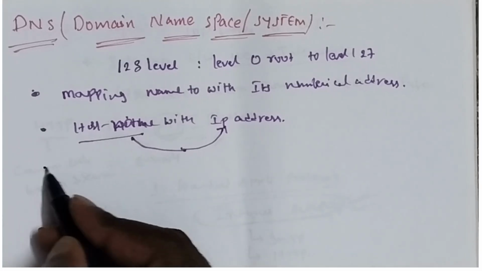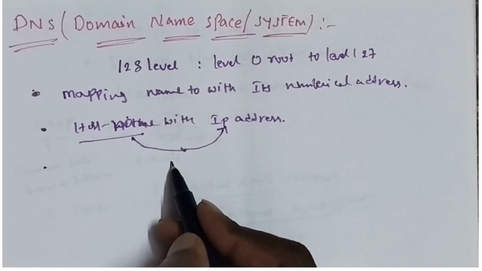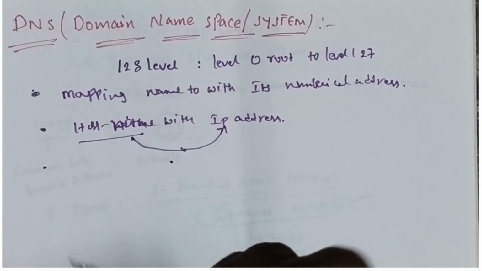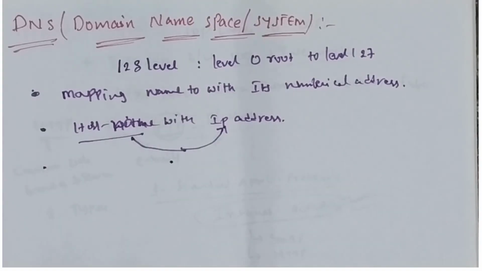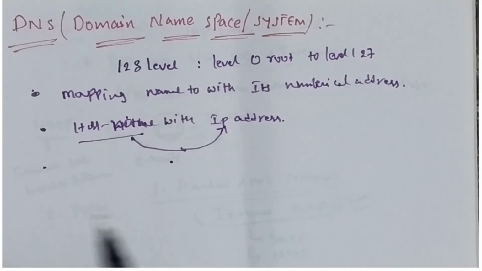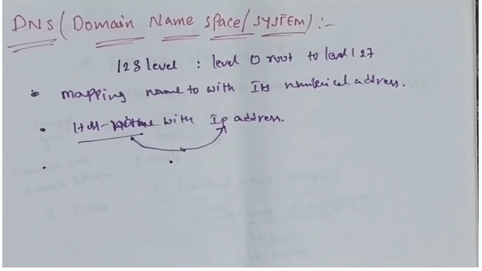Each node in a tree has a domain name, and the full domain name is a sequence of labels separated by dots. Each node in the structure contains a domain, and the complete name is defined from bottom to top, divided by the dot symbol.